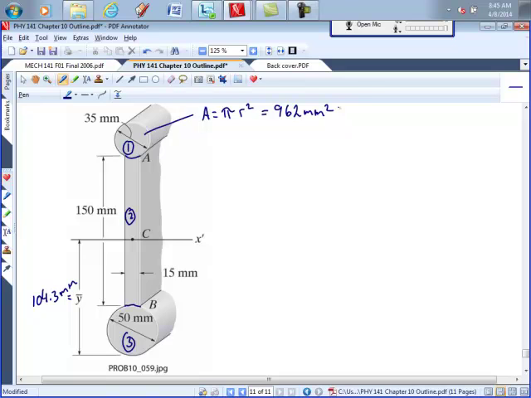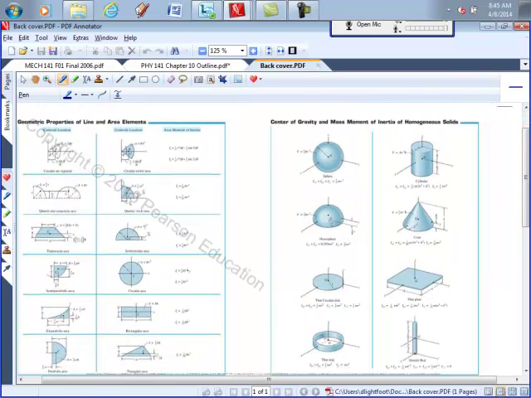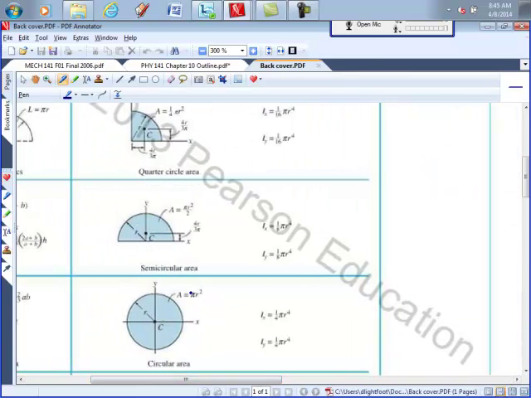How are we going to find the moment of inertia of the circular area? Formula from the back of the book. So if we flip to the back of the book, you see there's a circle right there. So zoom in. So it confirms the area is pi r squared, and the moment of inertia is 1/4 pi r to the 4. That's the moment of inertia of an x-axis that goes through its centroid. So 1/4 pi r to the 4.